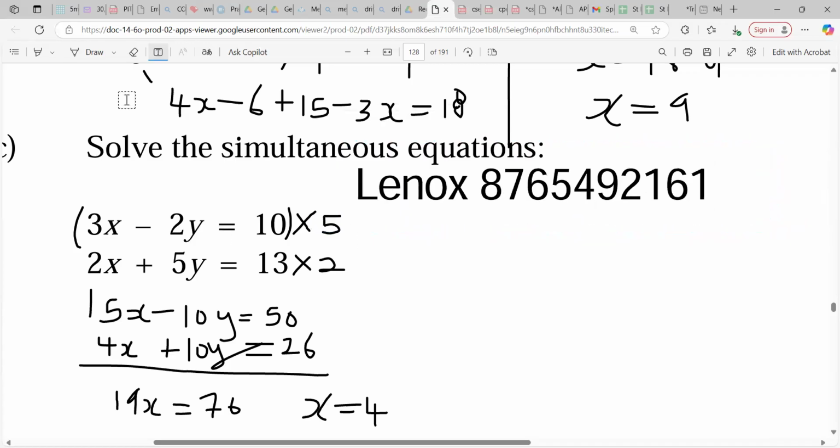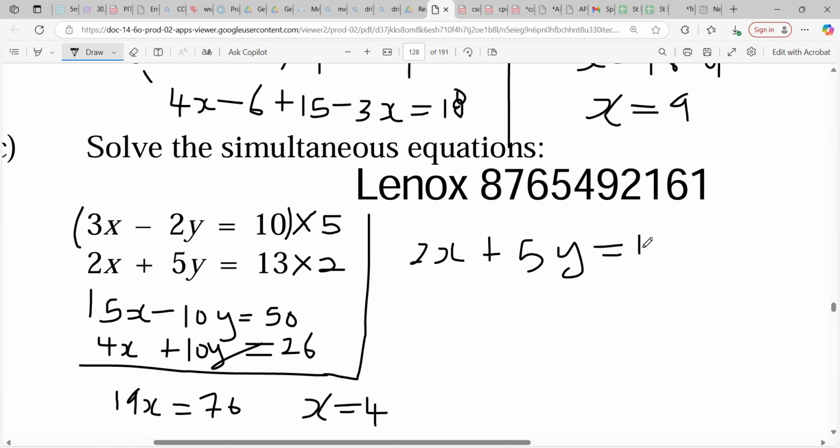So we know x is going to be 4, so we're going to substitute. I'm going to use equation 2 because it doesn't have a negative, just positive, right? So it's 2x plus 5y, and that must give you 13. All right, so we know that the value of x is 4, so anywhere we see x, we're going to put 4.